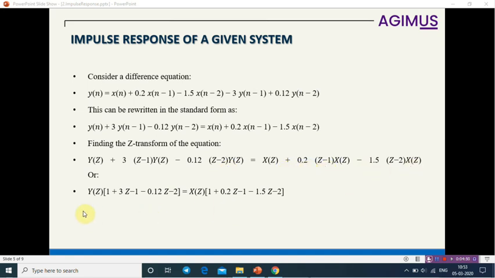We can take it out and write the equation in terms of y of z: y of z times 1 plus 3 z minus 1 minus 0.12 z minus 2, in brackets, is equal to x of z times 1 plus 0.2 z minus 1 minus 1.5 z minus 2. So this is the equation which we have.